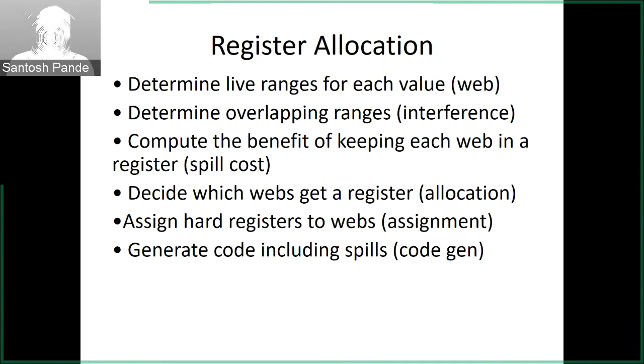But of course, we also need registers to do temporary computation. Whichever value is spilled, let's say because registers were not available, that spilled value has to be brought in. It has to be brought in from the memory interface unit, but we also have to operate on it.